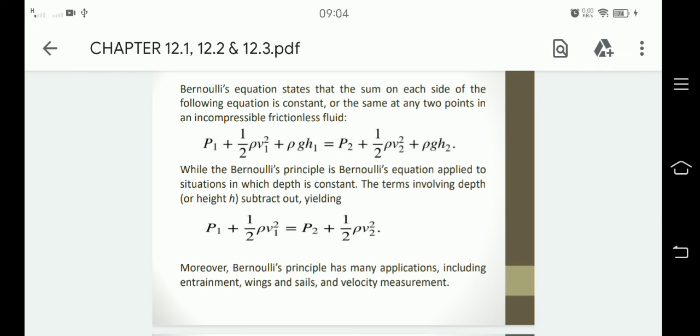This means that Bernoulli's principle as stated in P sub 1 plus 1/2 ρv² sub 1 is equal to P sub 2 plus 1/2 ρv² sub 2 becomes P sub 1 is equal to P sub 2 plus 1/2 ρv² sub 2.